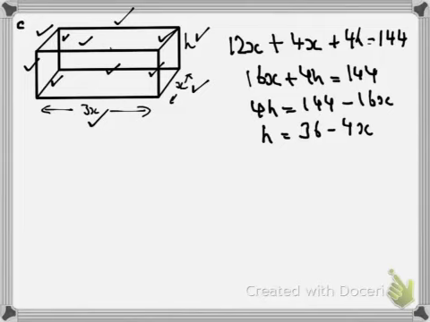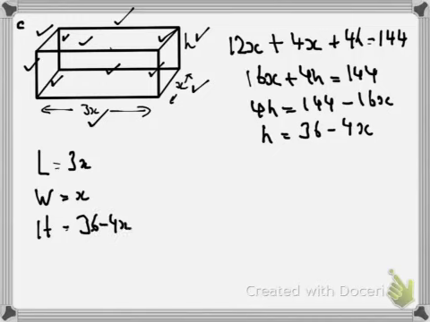Let's revisit our dimensions then. Length equals 3x, width equals x, height equals h. Now we've found what h is equal to. It's 36 minus 4x. So I can now replace that with 36 minus 4x. So our equation for volume then is length by width by height.